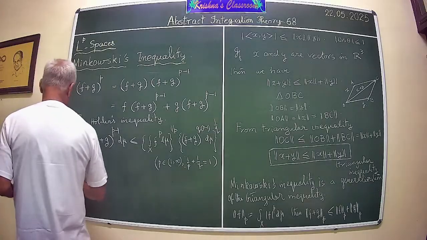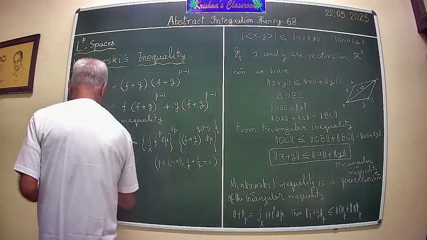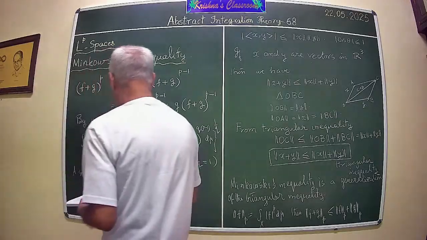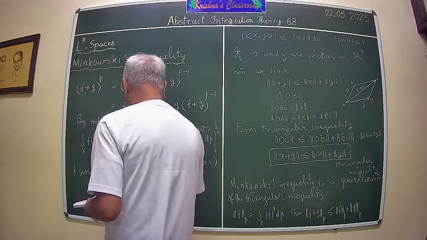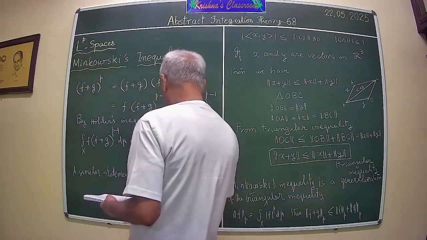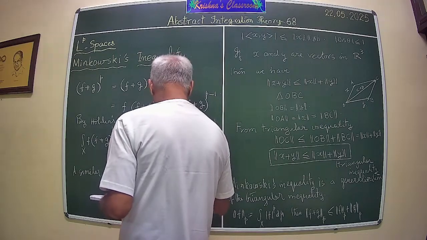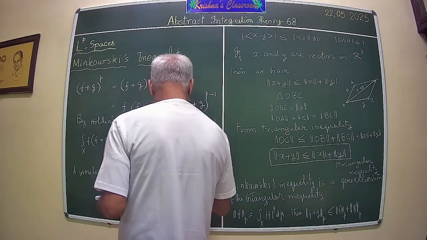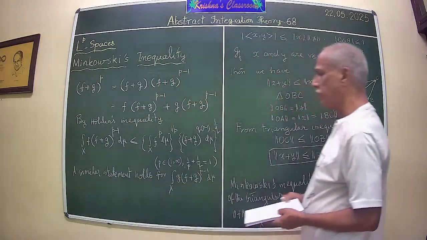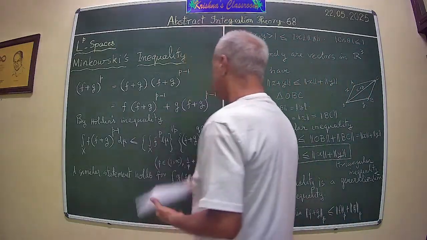A similar inequality holds for g. So you have estimates for both these terms, namely this term as well as this.